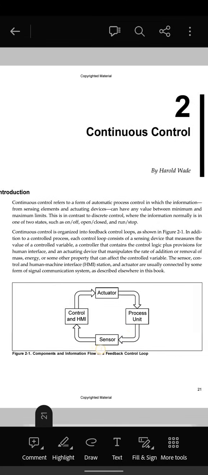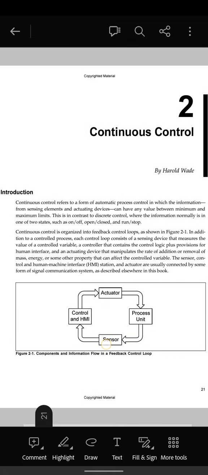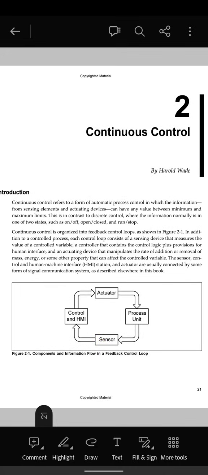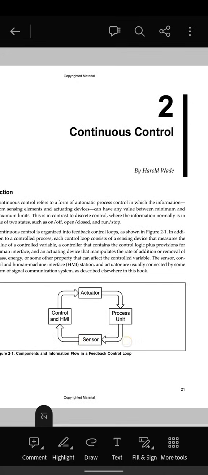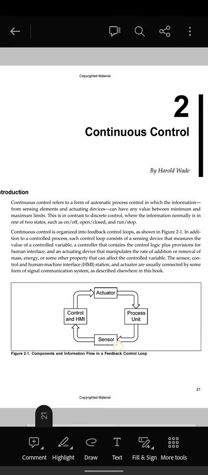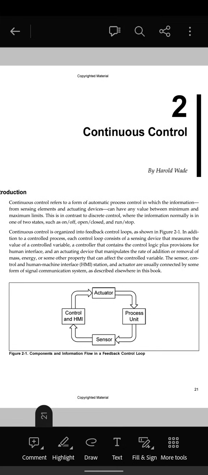The sensor, the controller and human machine interface (HMI) station, and the actuator are usually connected by some form of signal communication system as described elsewhere in this book.